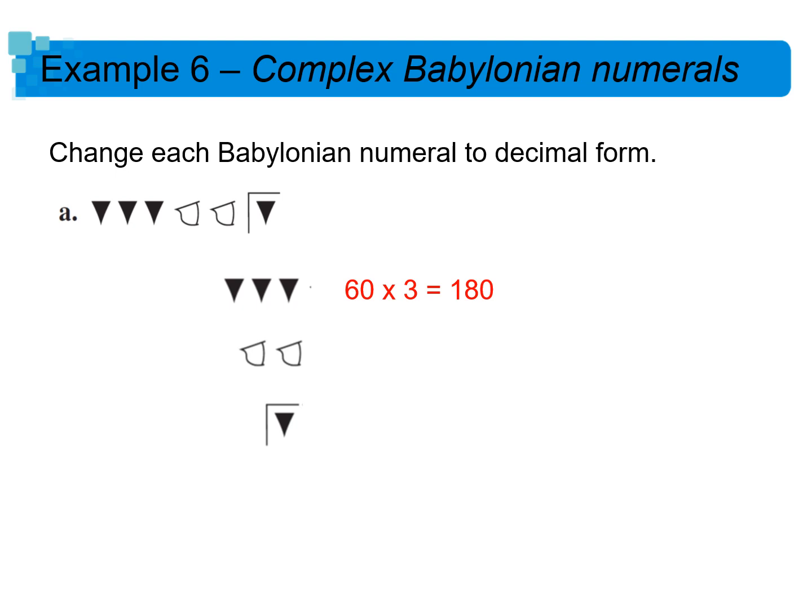Then you're going to have 2 10s, so that gives you 20. And then you're going to subtract 1, because this is under this bar, that means we're going to subtract 1. Then you add all of this up, and you get 199. So that's an example that will show you how to use the subtraction principle with the Babylonians.